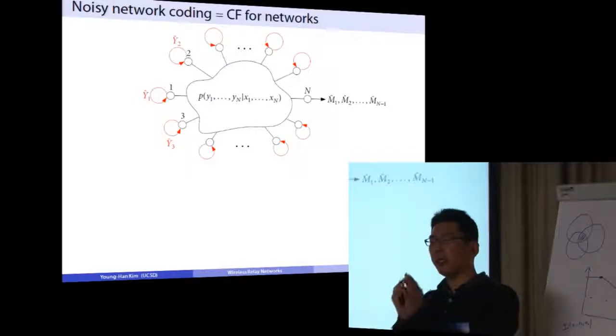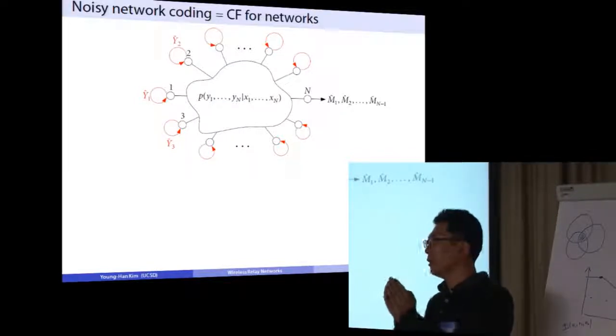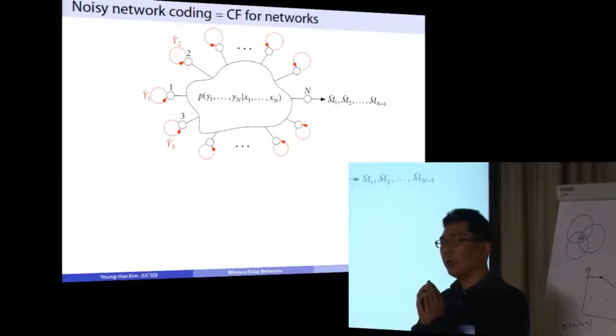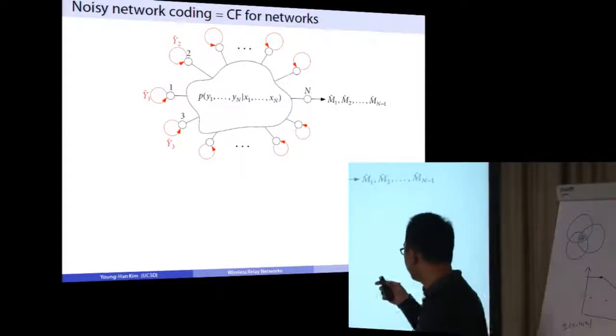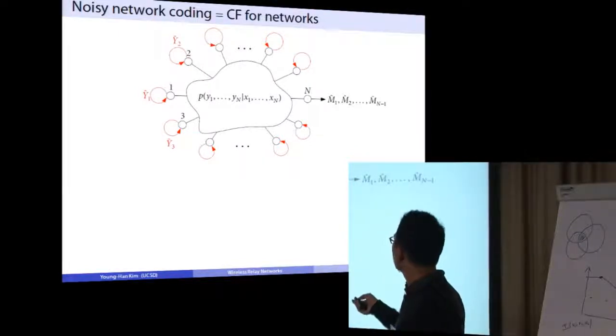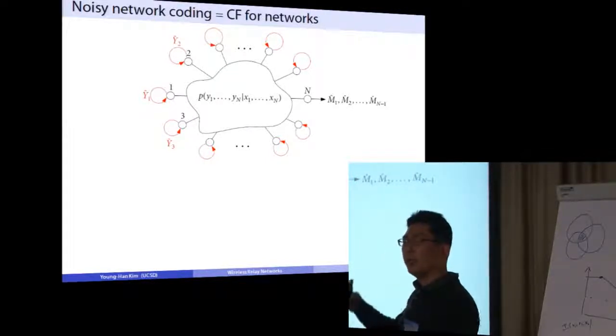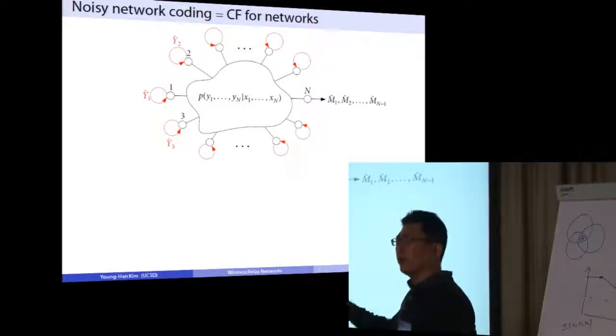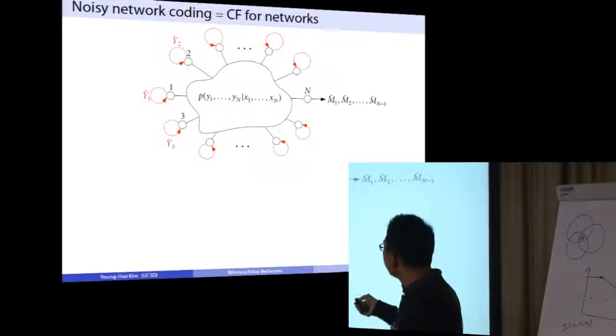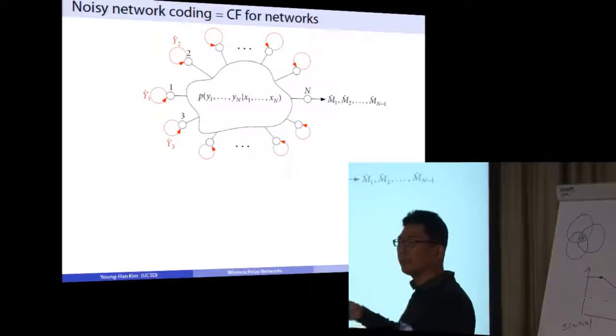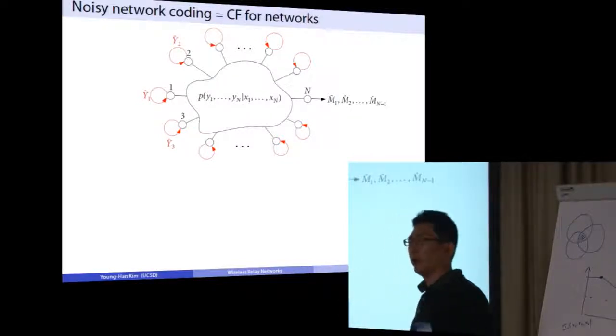So here again, we are using an analog-to-digital interface at every relay. So every relay is taking the quantization of its received signal, and then in the next block, we send this quantization index along with the message we would like to transmit, and just keep going on.